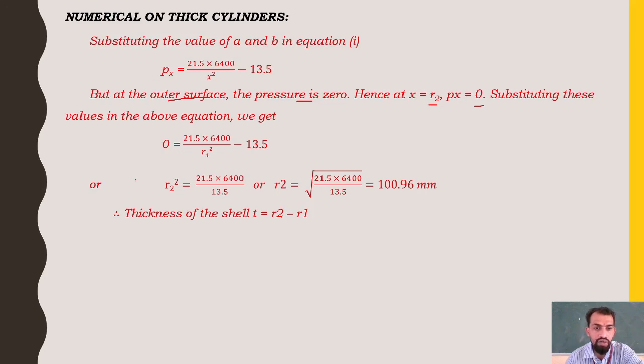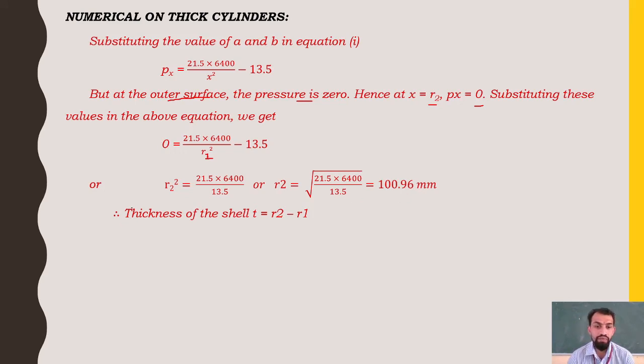Taking this to the other side, R2 square is equal to 21.5 into 6400 divided by 13.5. Again, R2 is equal to the square root of 21.5 into 6400 divided by 13.5, which is equal to 100.96 mm.